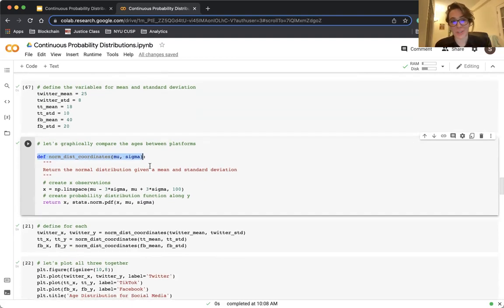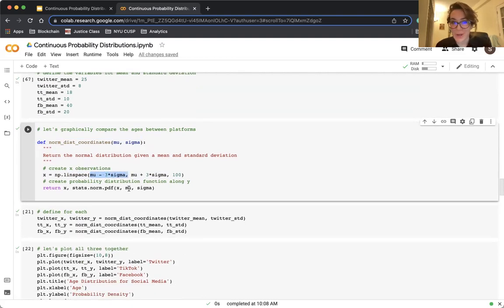So what this function specifically does is that it creates different X observations along the horizontal axis, given the distribution of a normal curve. So it takes just the different values along the x-axis.